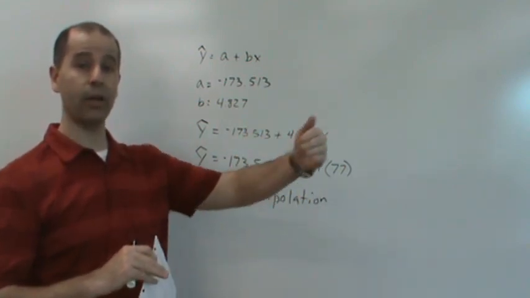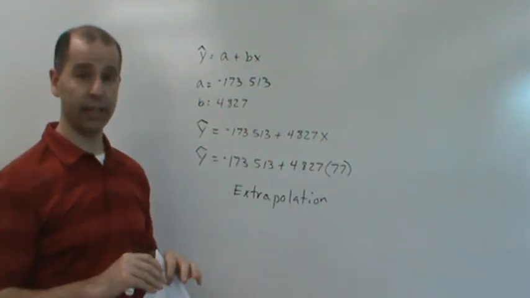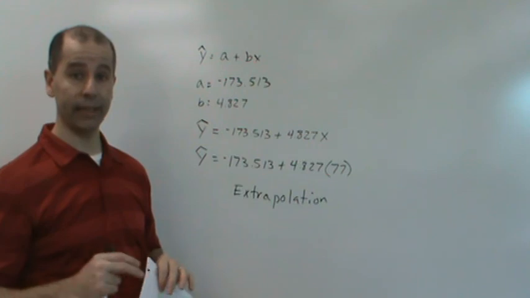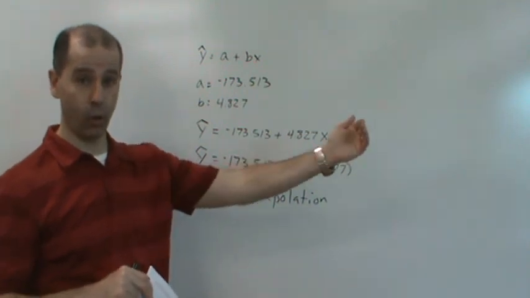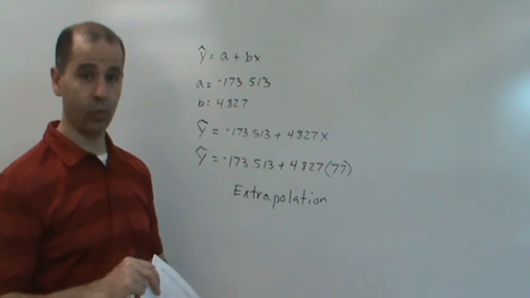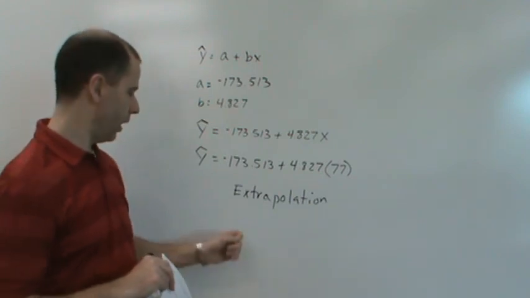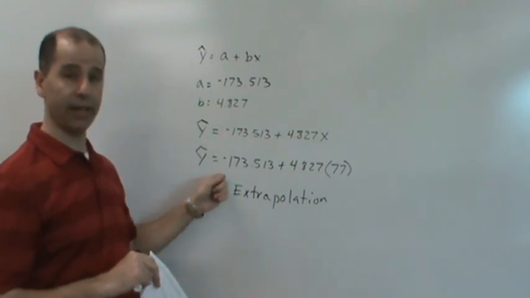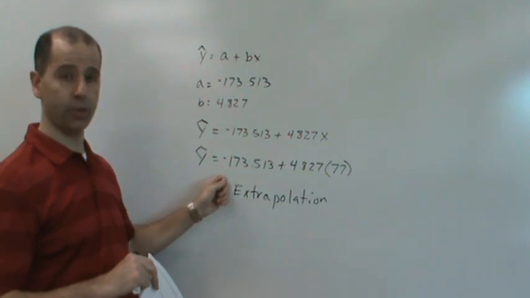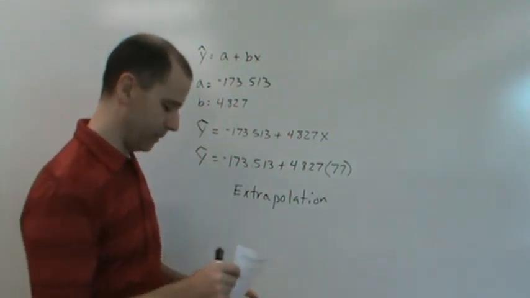If we start going outside of those x values, our predictions get unreliable very quickly. In fact, we don't have to go very far outside the range of the x values for the reliability to decrease quickly. So that's the difference between extrapolation and interpolation. Interpolation is always going to be better than extrapolation. Just keep that in mind.